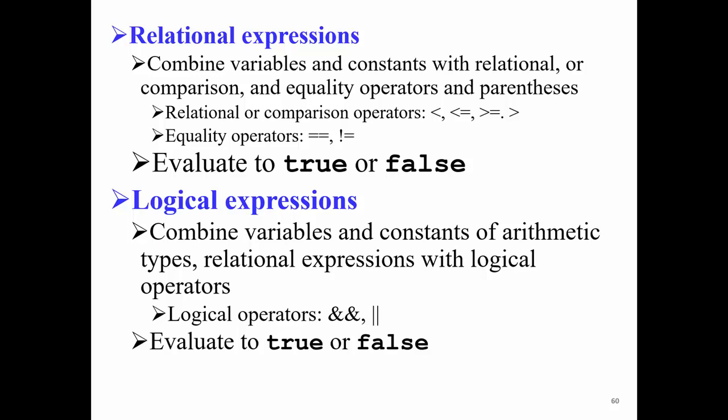Logic expressions, and, or, also combine the variables and constants of arithmetic data types and the relational expressions with logic operations like and, or, XOR. You can define whatever you like, but the return type is also true or false.